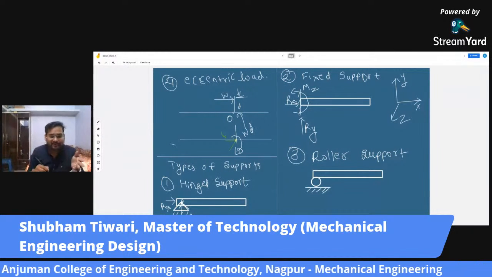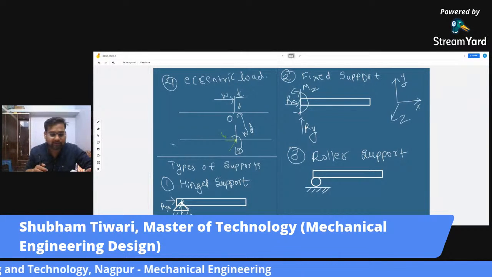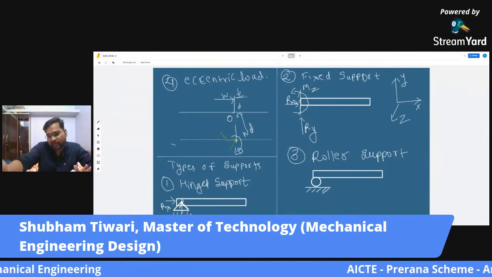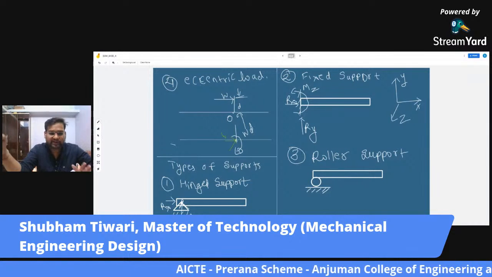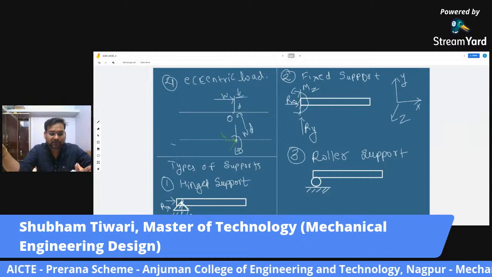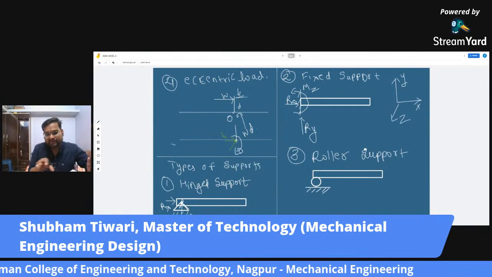Now imagine if this is a roller. I don't have a roller right now to show you, but imagine a trolley. So this is a trolley. If you are pushing it in x direction, will it move? It will definitely move. It has to move in x direction. So there is no reaction in the x direction.